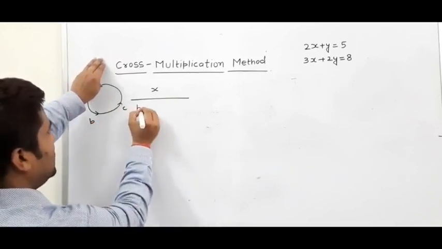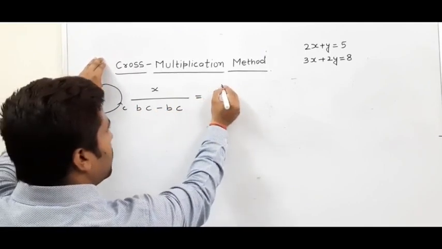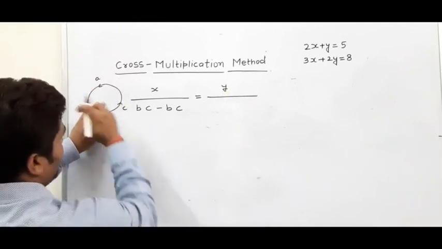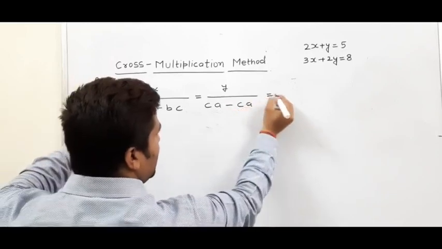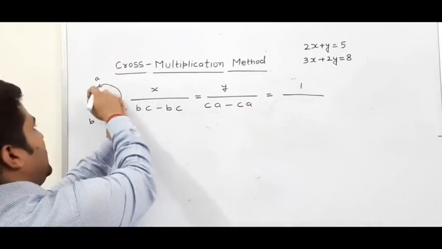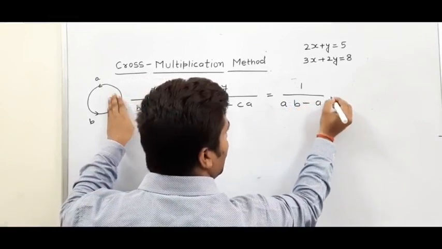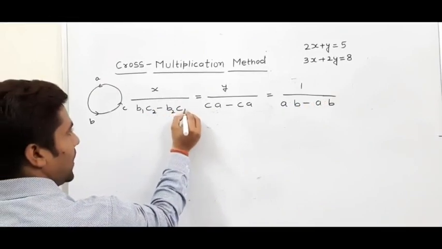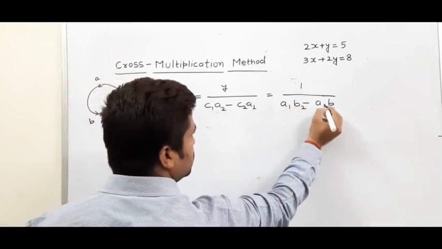B, C minus B, C. Equal to Y upon, hiding B, and with the help of the arrow we follow C A minus C A. And equal to 1 upon, that is the term of C, and the arrow is showing the direction of A B, so it will be A B minus A B. And what is the number sequence that we have to sing? That is 1 2 2 1 complete, 1 2 2 1 again finish, 1 2 2 1.